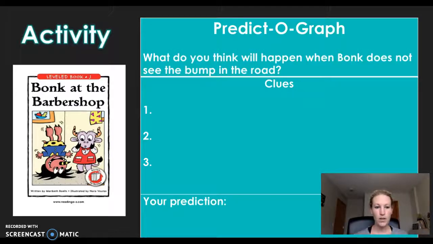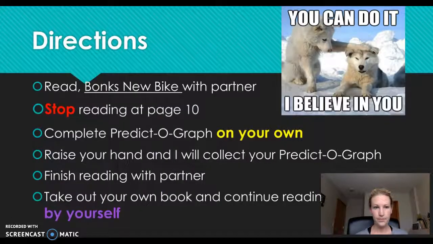All right. So now that we're done with that, I'm going to have you stay with your partner, and I'm going to give you another story for you to read. It's called Bonk's New Bike. All right, here are the directions. So first you're going to read Bonk's New Bike with your partner. You're going to stop reading at page 10 and complete a predictograph on your own, not with your partner. You're doing the predictograph on your own.